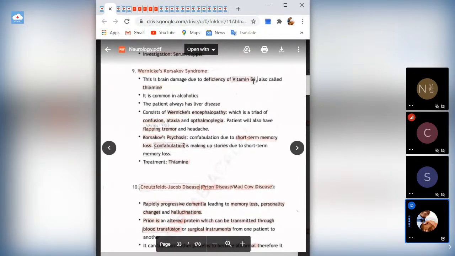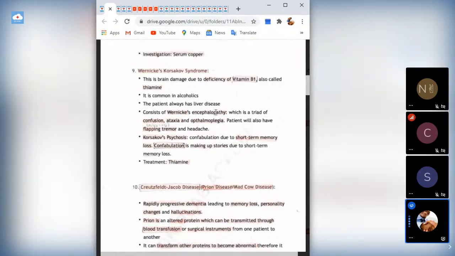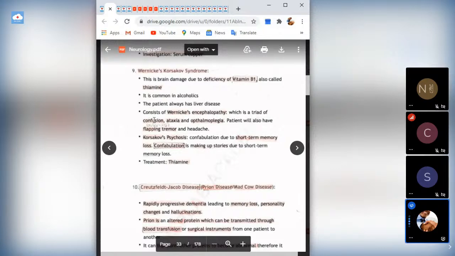So chronic alcoholism can lead to Wernicke's encephalopathy. Now, the hallmark, the triad of Wernicke's encephalopathy is confusion, ataxia, and ophthalmoplegia. When you see a patient that has confusion, ataxia, and ophthalmoplegia, the patient may also have flapping tremor and headache.